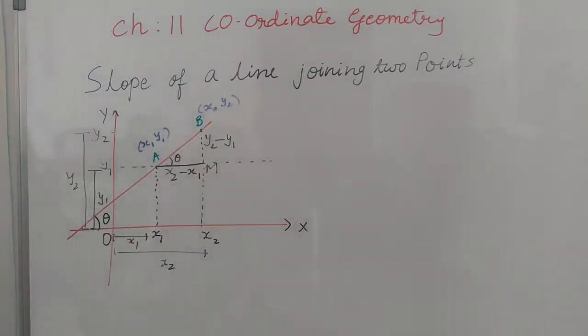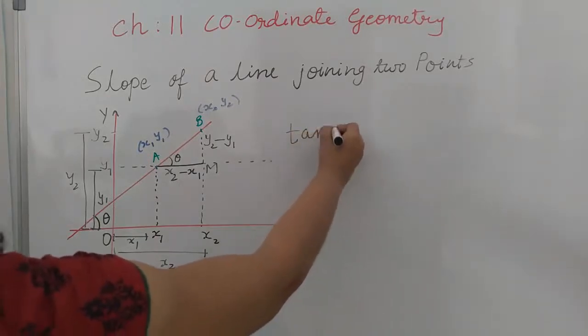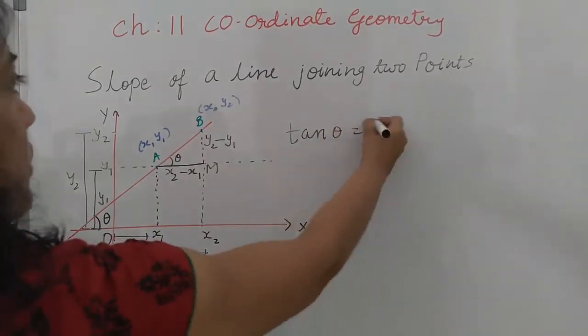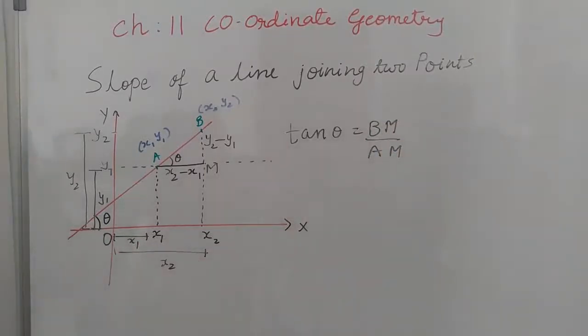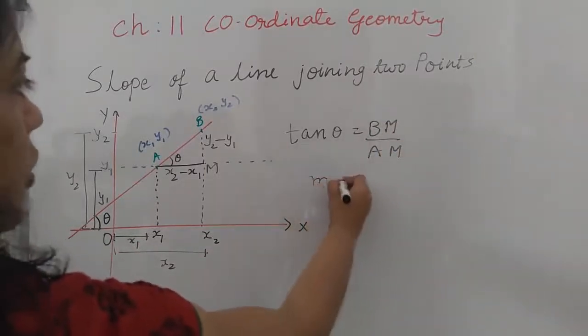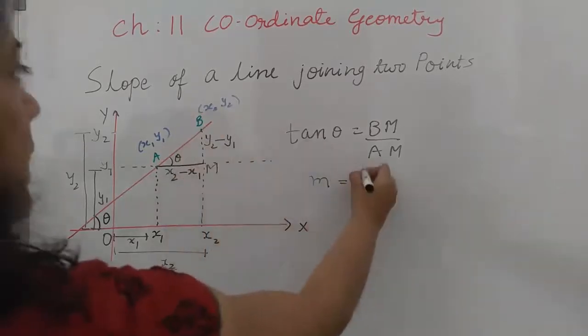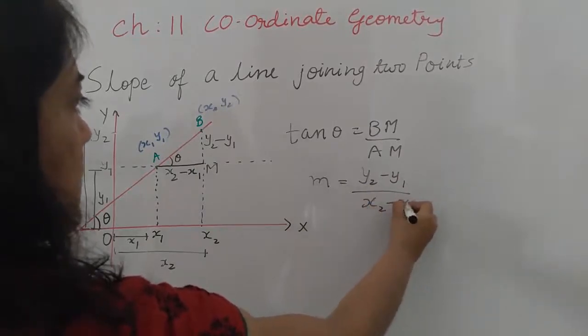Why do I want to find these values? Because I want tan theta. This is the angle theta, you can see here. What is our tan theta? That is opposite BM upon AM. Now m is our slope. Slope we denote as m. So the BM side is y2 minus y1 upon x2 minus x1.